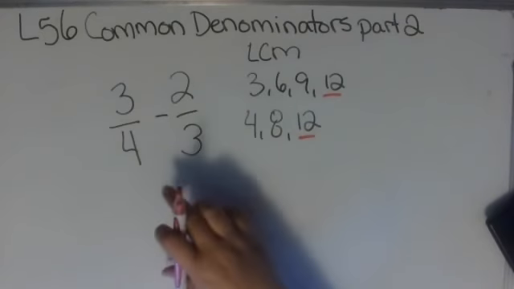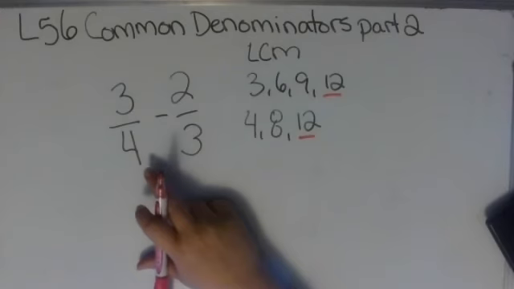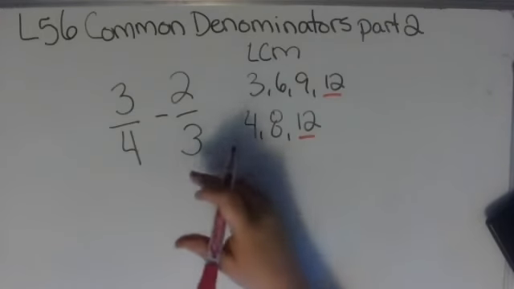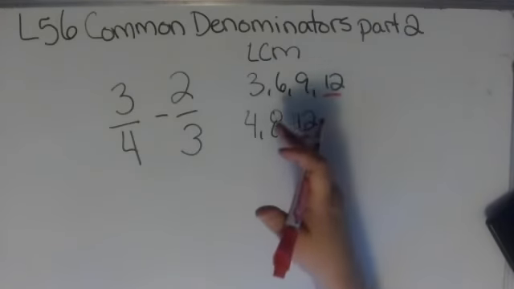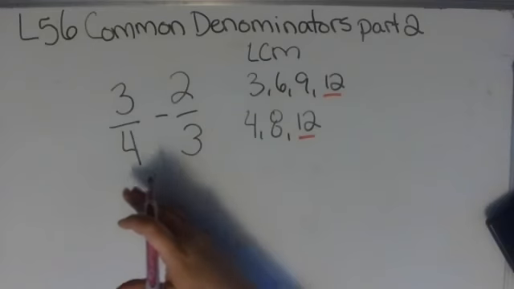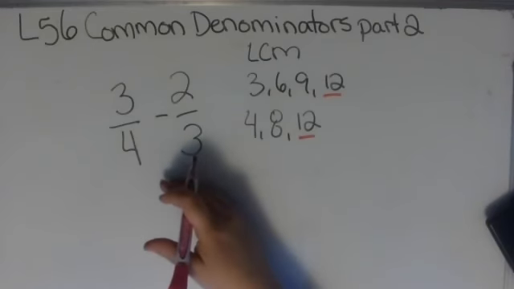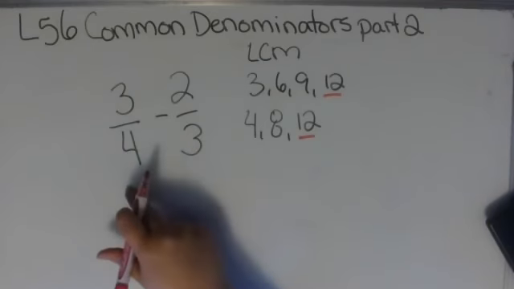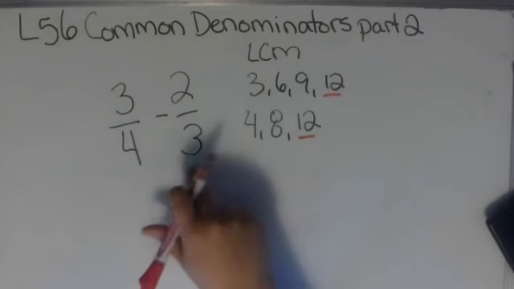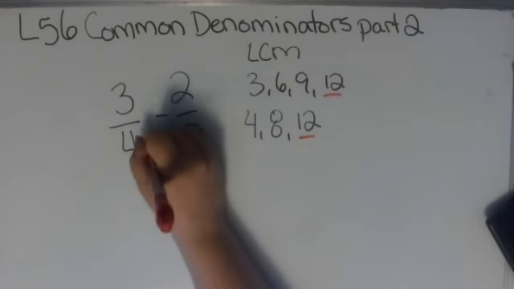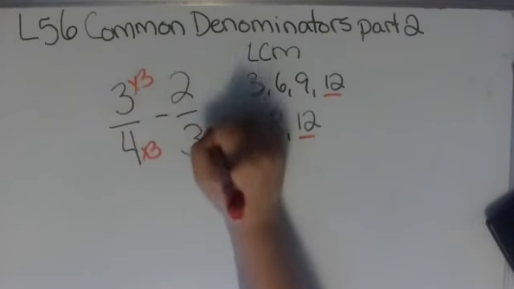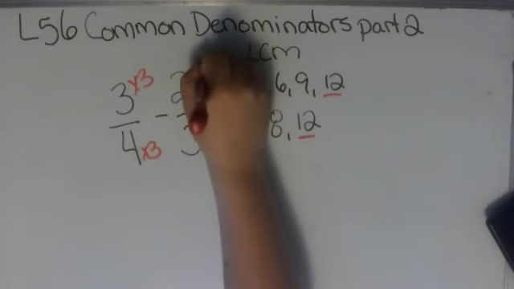Or I can look at these and say, okay, well, if I times 4 by 3, I'm going to get the same number as if I times 3 by 4, which is going to make both of my denominators the same. So I'm going to times this fraction by 3's, and I'm going to times this fraction by 4's.